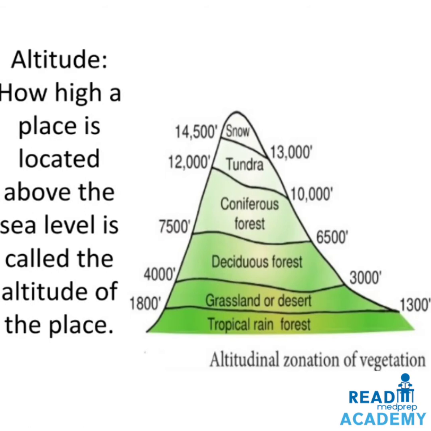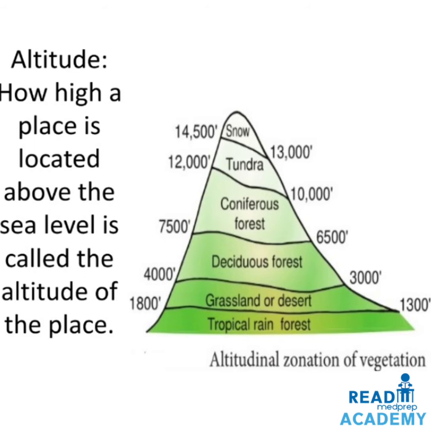Now altitude. How high a place is located above the sea level is called the altitude of the place. You can see that based on the altitude, the zonation of vegetation varies. For example, between 0 to 1800 feet, it is tropical rainforest.